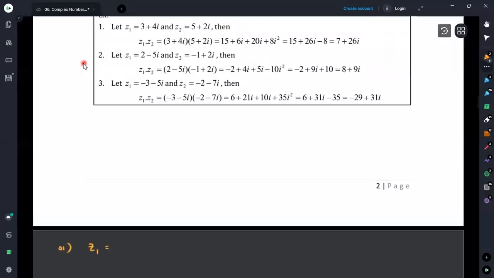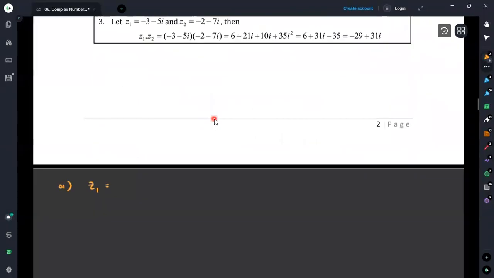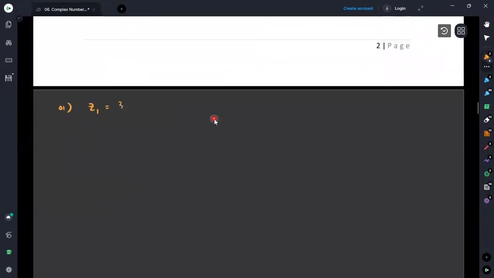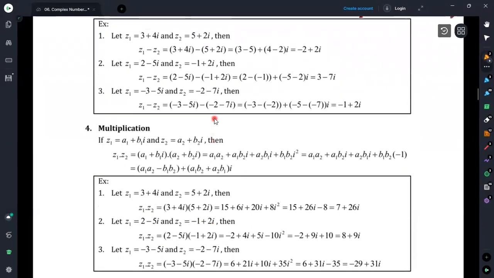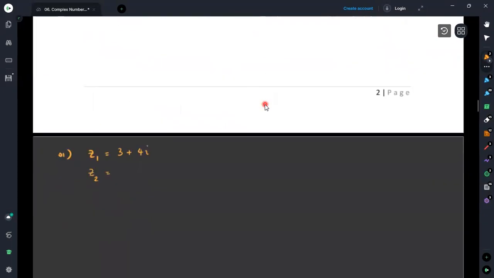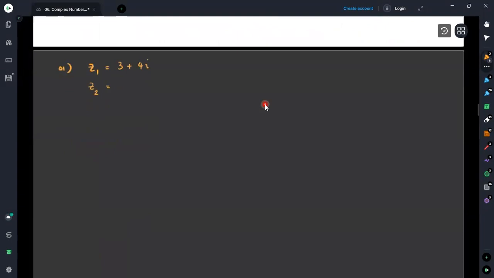Z1 is given as 3 plus 4i, and Z2 gives us 5 plus 2i. Then we'll get Z1 minus Z2. Here we cannot change the order, since Z1 is the first number they asked about, and Z2 is the quantity that we are asked to subtract from Z1.